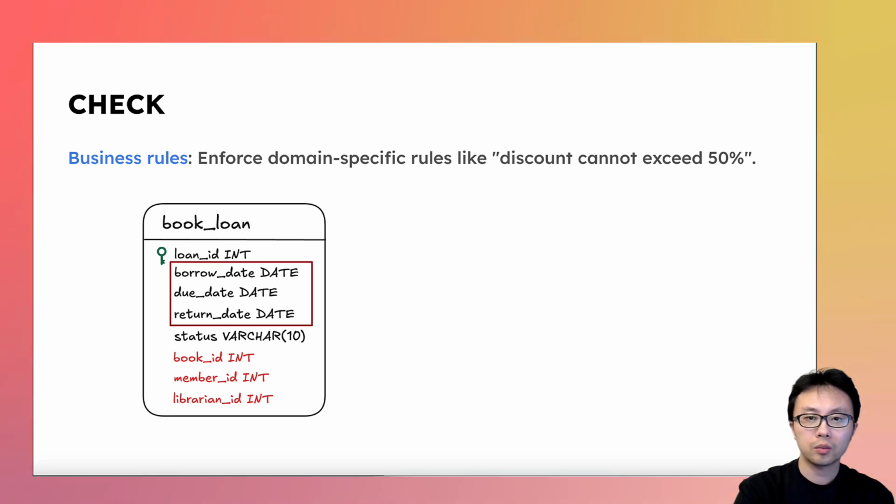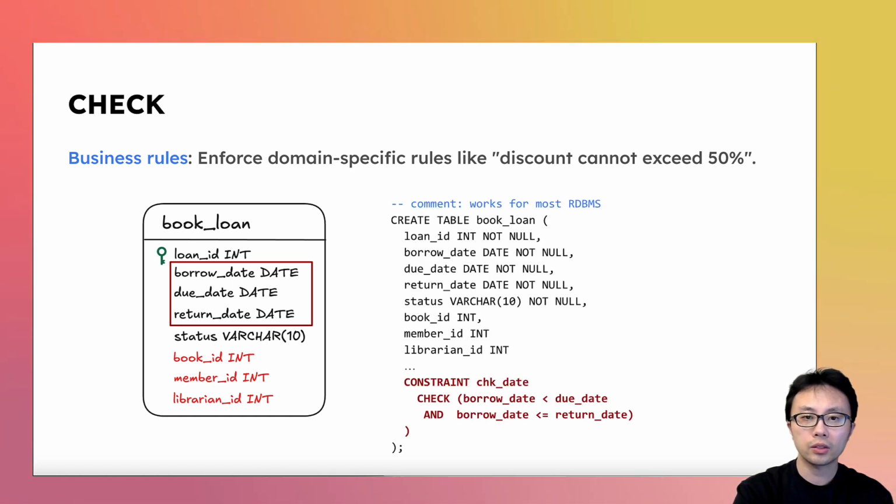There are a few columns representing borrow date, due date, and return date of books. The rules that you gathered require that the due date be later than the borrow date, and the return date be the same or later than the borrow date. Enforcing such rules requires the help from the check constraint, like this. As you can see here, we start the definition of this constraint by naming it first.